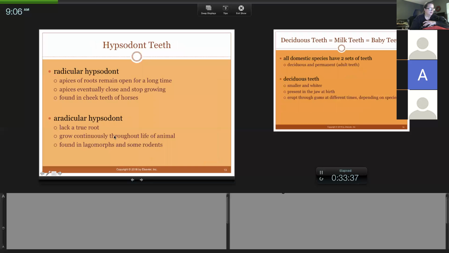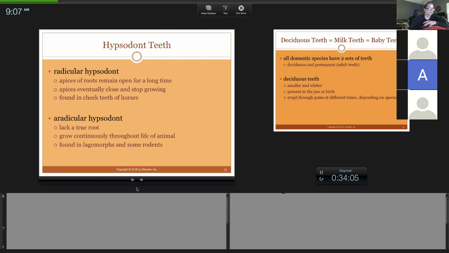Now, basically, the aradicular hypsodonts lack a true root and they grow continuously. A radicular hypsodont, the apices, or the bottom there, will eventually close and stop growing. But aradicular is without a true root.